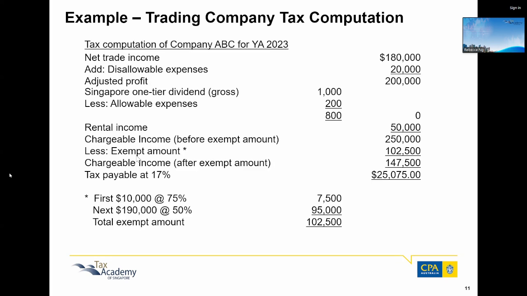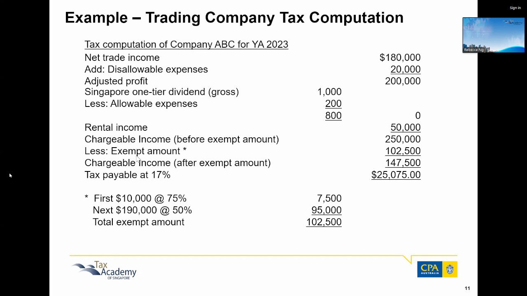This is the tax computation for company ABC for year of assessment 2023. We have a net trade income of 180,000, and because it is net of the disallowable expenses, we will add back the disallowable expenses of 20,000, and the adjusted profit will arrive at 200,000. We will then look at any taxable separate source income.